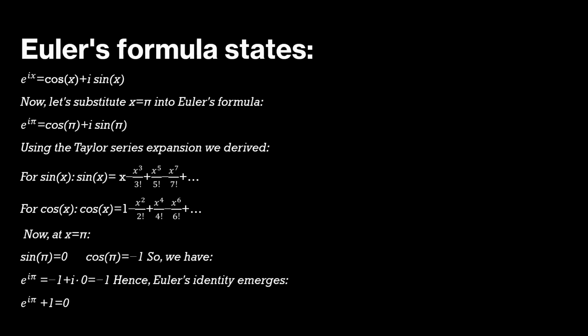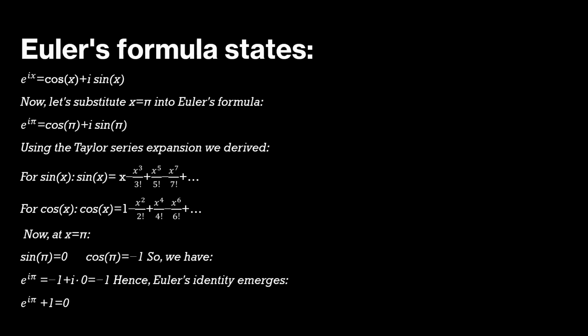Euler's formula states e to the power ix equals cos x plus i sine x. Now let's substitute x with pi into Euler's formula, and we'll get e to the power i pi equals cos pi plus i times sine pi. And earlier in the video we derived sine x and cos x using the Taylor series expansion.